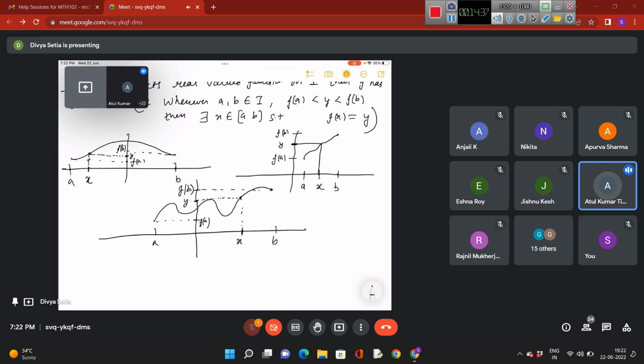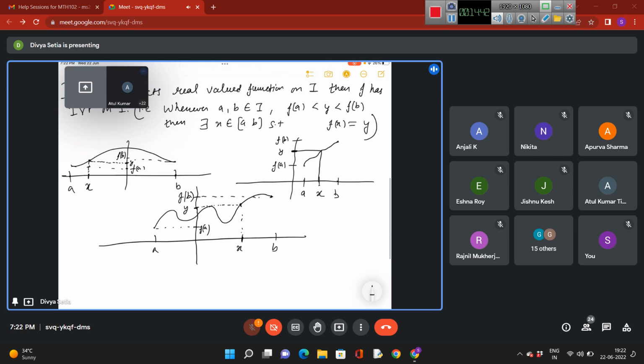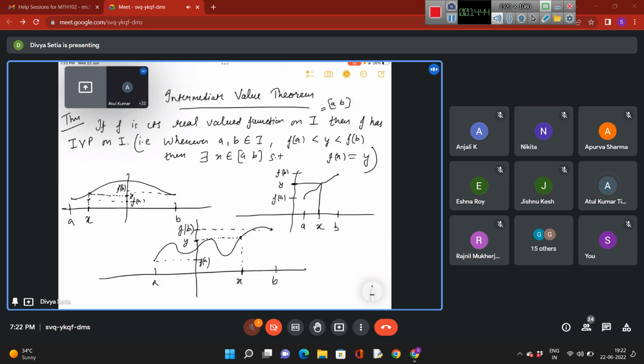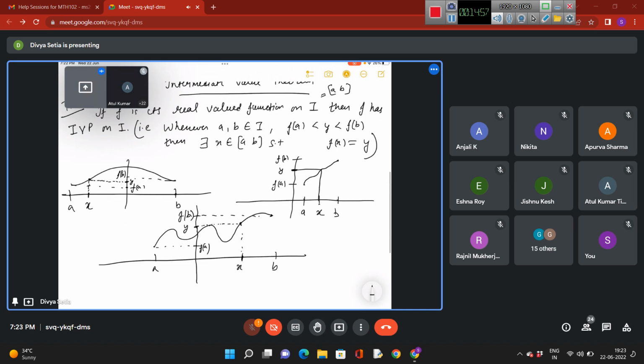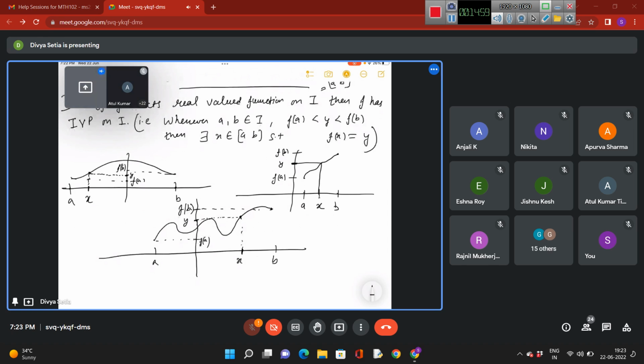Can this y be equal to f of b or f of a? No. Why not? See, can this y be equal to f of a or f of b? Then it doesn't make sense, right? Because if y is equal to f of a, that means it already has a pre-image a. So then what are we looking for?